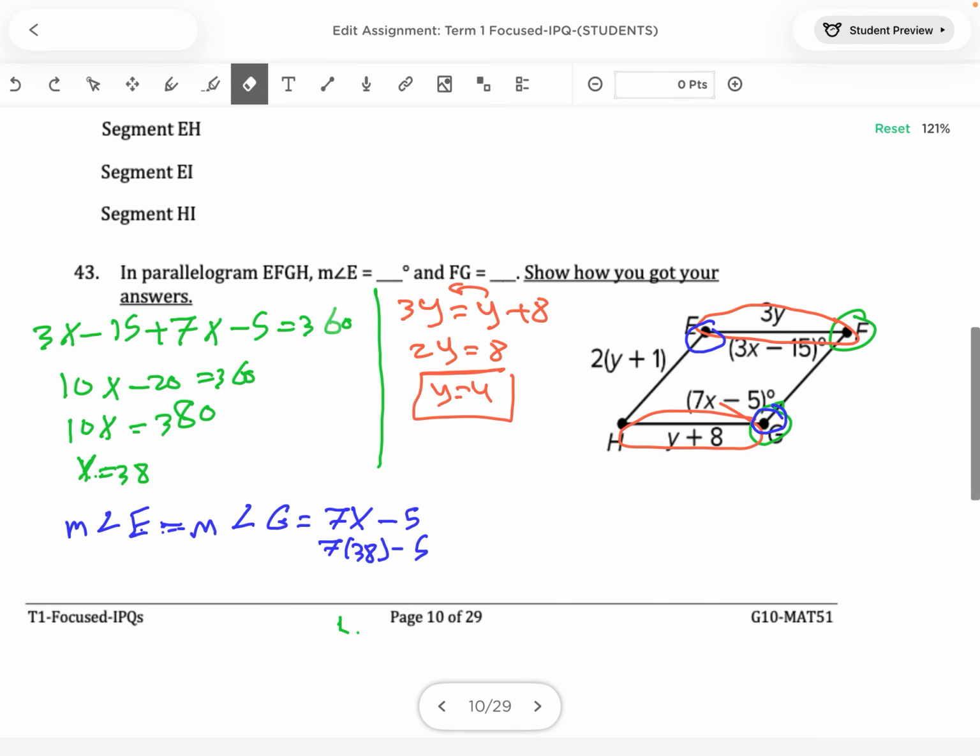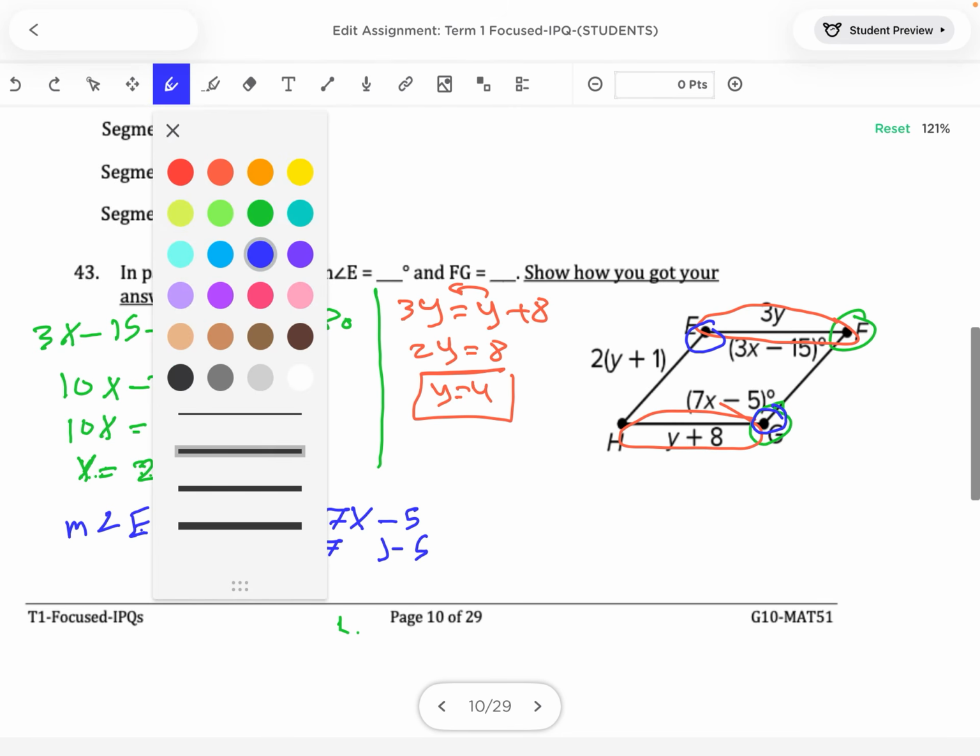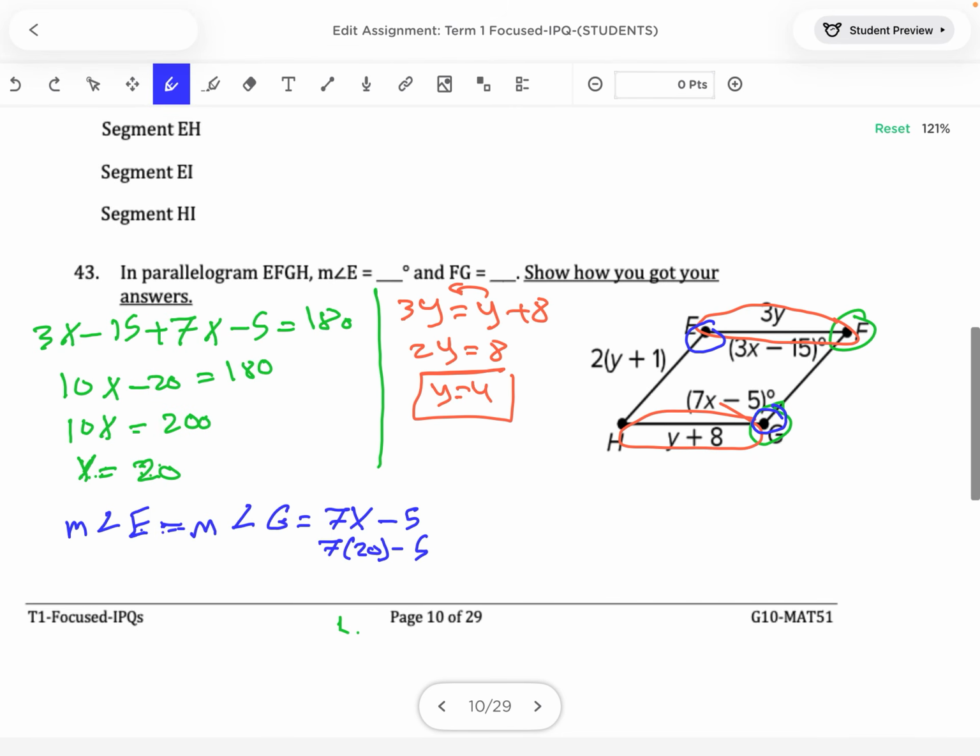The sum here is 180. 261 minus 180 is 81. So it will be 81. And here, 7 times 20, the answer 135 degrees.